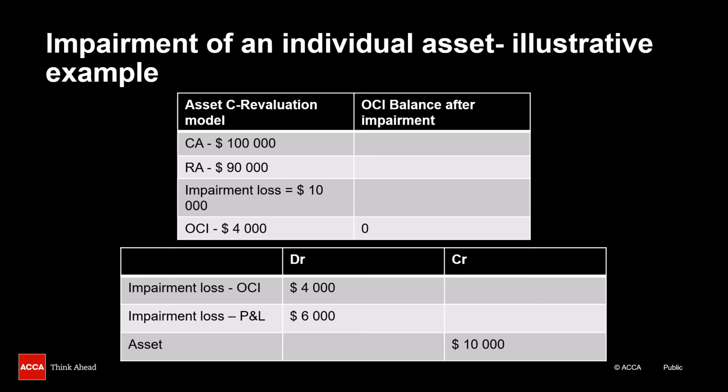Since the revaluation reserve amounts to only $4,000, $4,000 of the impairment will be recorded as a reduction of the revaluation reserve, bringing it to zero, and the remainder $6,000 will be recorded as an impairment expense in profit and loss. The value of the asset will be reduced by the impairment loss amount. As you can see in this case, part of the impairment loss is recorded in OCI and part is recorded in profit and loss.